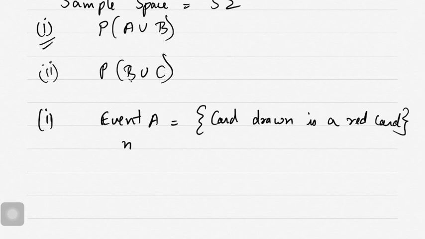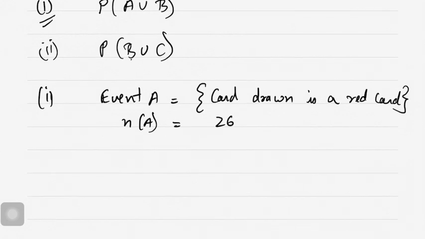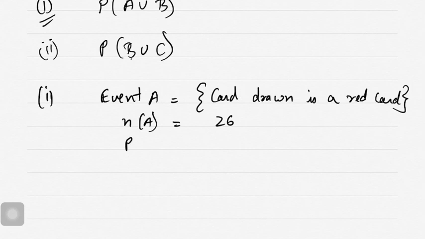So how many red cards are there in a pack of cards? 13 diamond and 13 hearts. Correct? So that means total 26 cards.